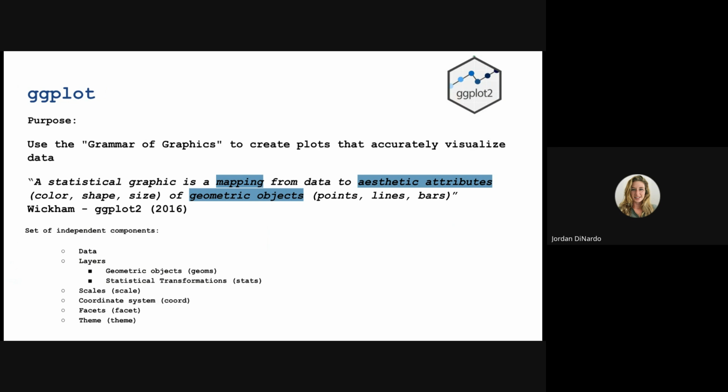But again, we have the data, and we have the layers. This is where the geoms come in. So this is like, oh, I want a scatter plot, or I want a bar plot. That is the geoms. Any statistical transformations that are needed, that's where the stats are. So that's all within the layers.